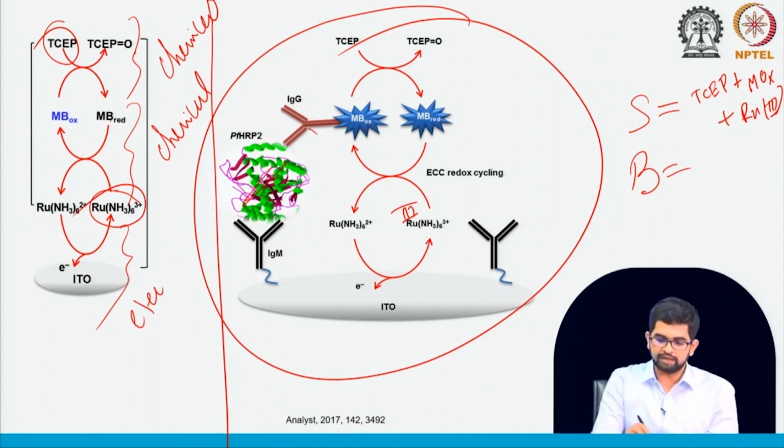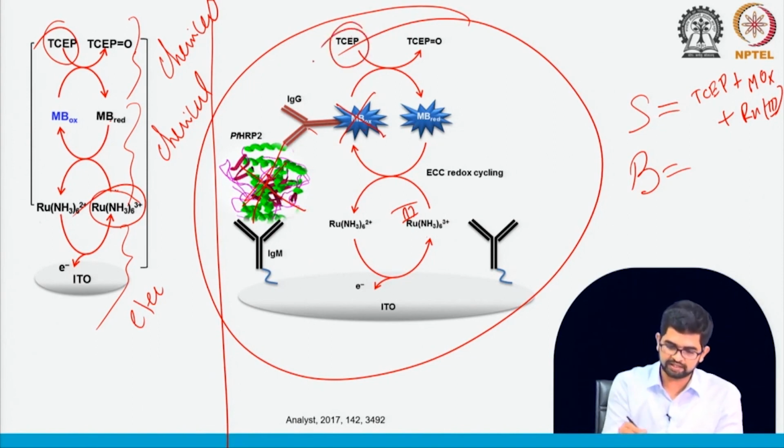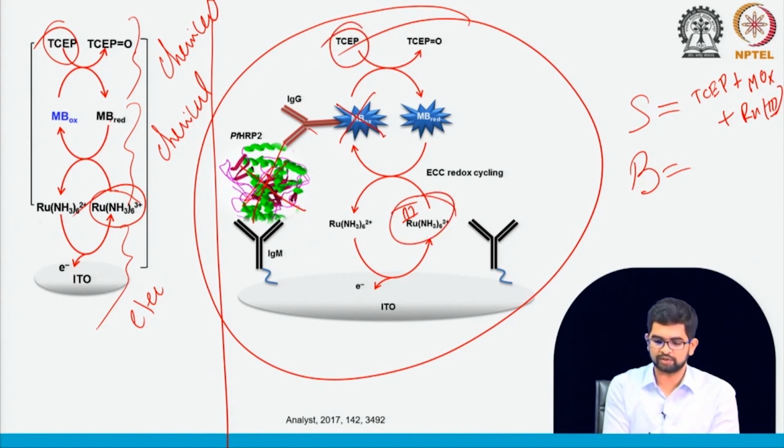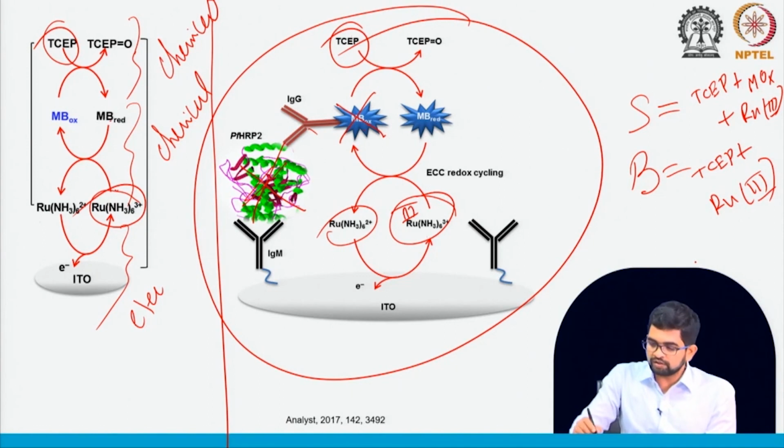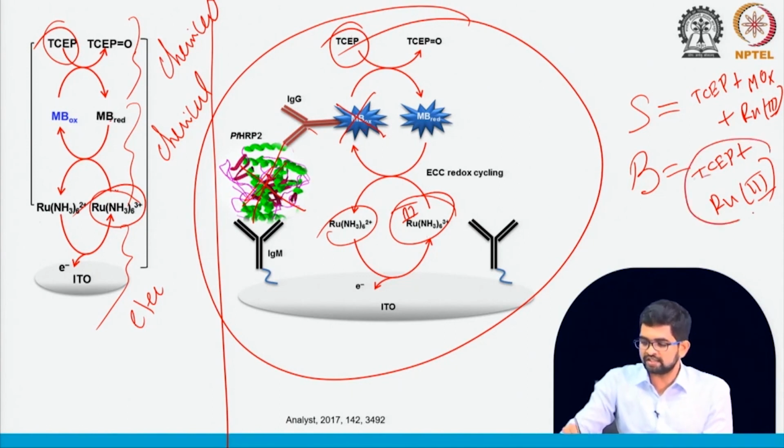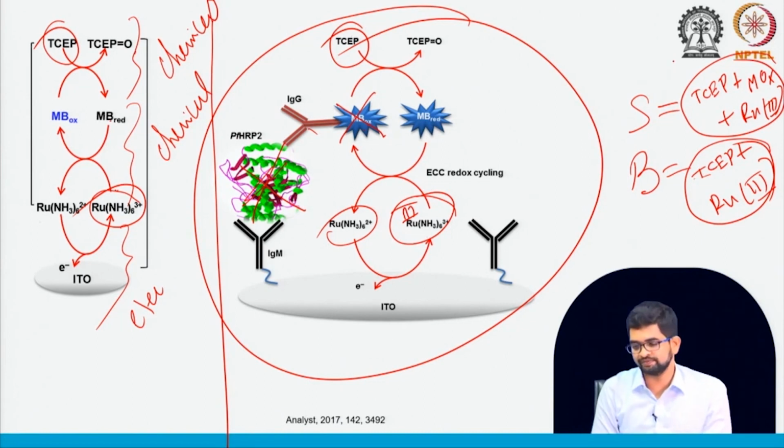This is the signal. In the background case, let us leave this one out, because it is background. So, in this case T-shape and ruthenium 3 will be there, and the 2 will be generated. So, T-shape plus ruthenium 3 will be the background. Naturally, you have to think that these reagents should not react with each other, but the reagents should react fast.